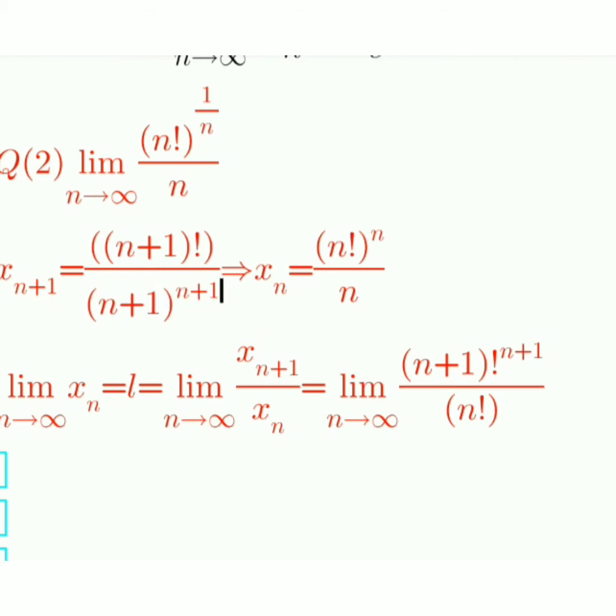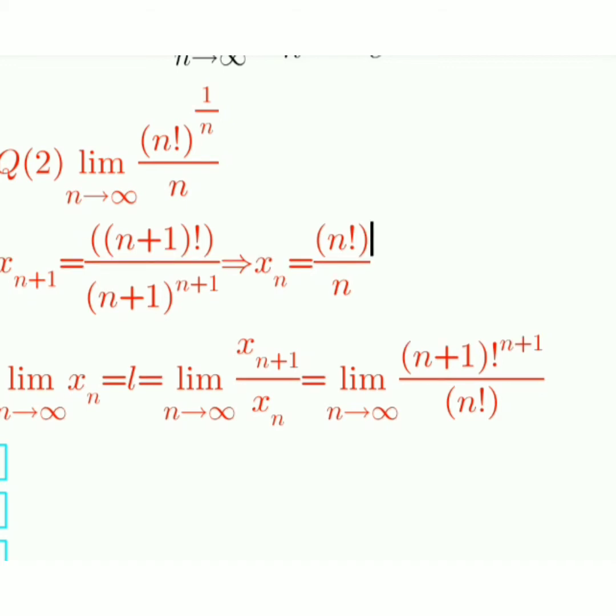Okay, friends, I think there is no problem. It can be written this way, otherwise it can be written this way, and x_n is n to the power n.